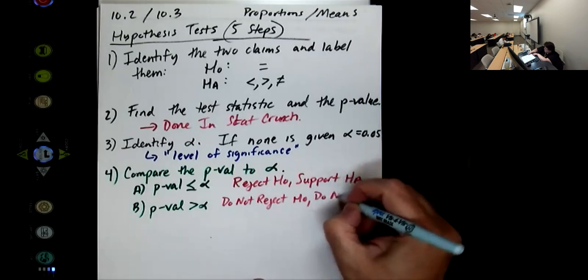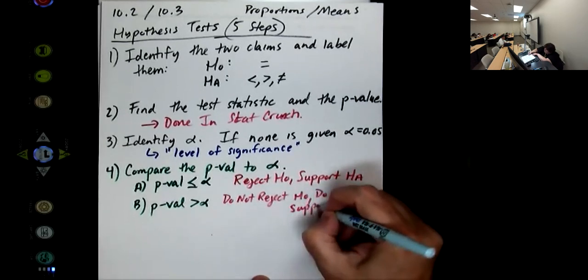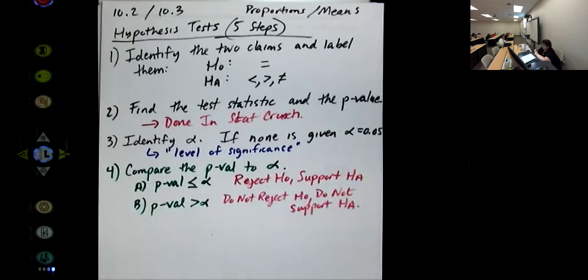Do not support HA. HA is the claim we're trying to support. It's the new idea. It's the whole reason we are doing this project. We're trying to see what HA is.